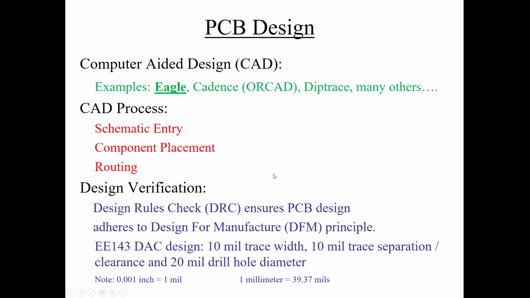Now, when you watch my intro video to the lab where you do the PCB design, you'll see that I also want you to do a manual check. Even if the software says your DRC is good and your ERC is good, I still want you to manually check your schematic against your layout. So just manually go through and check each trace is representing the proper connection in your schematic.